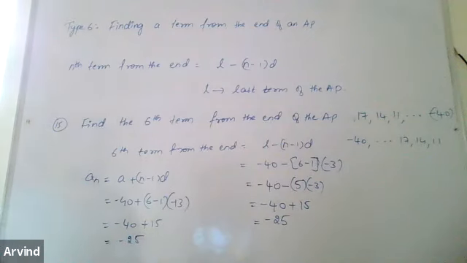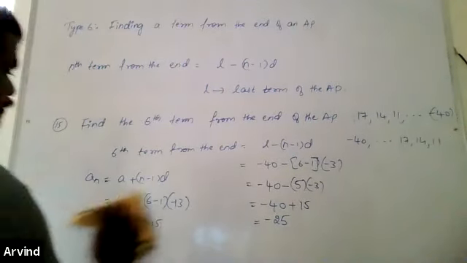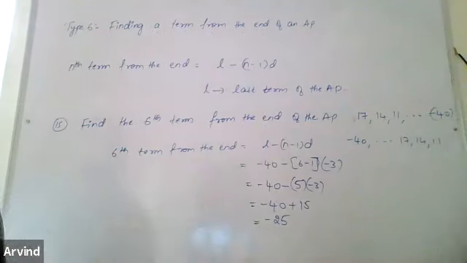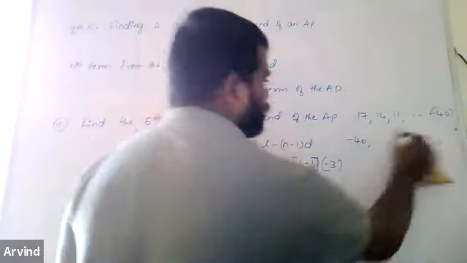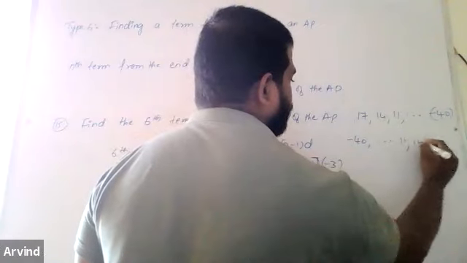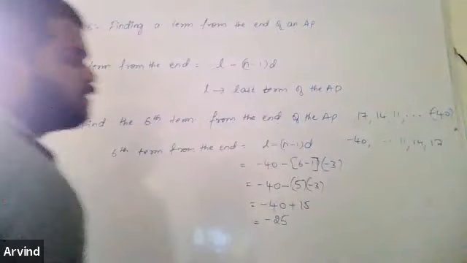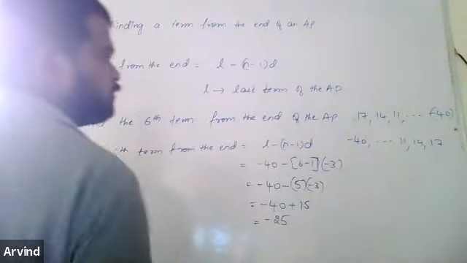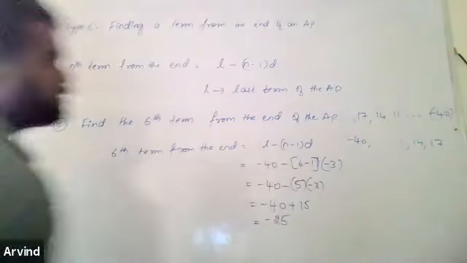You'll be getting the same answer. Or you can use the direct formula here, L minus n minus 1 into d. Here I made a mistake. It should have been 11, 14, 17. We have reversed it, right? Yeah. Now 17 minus 14 is 3. Oh, it's correct. Yeah.